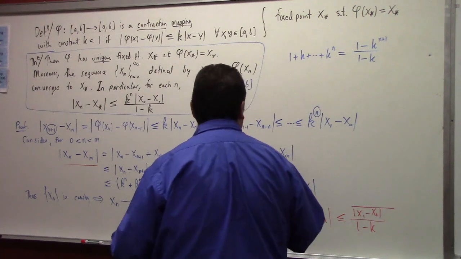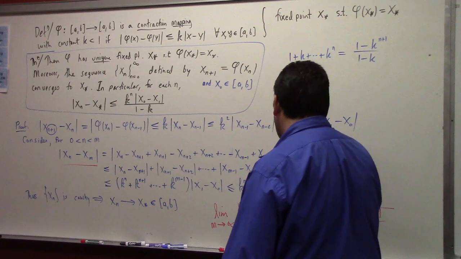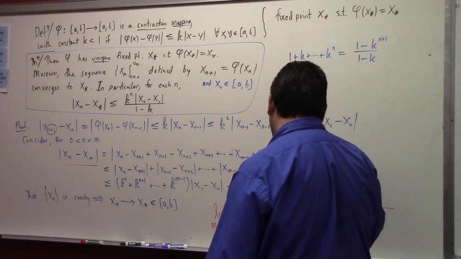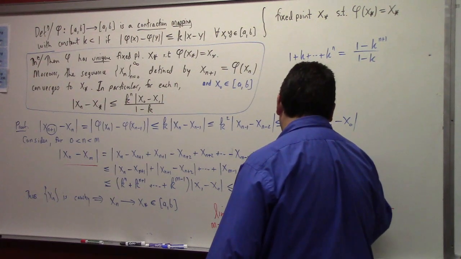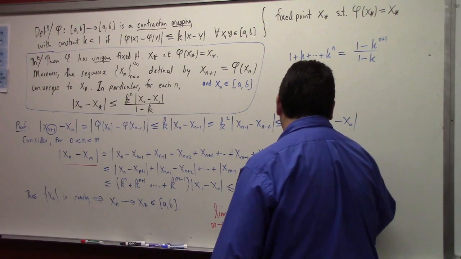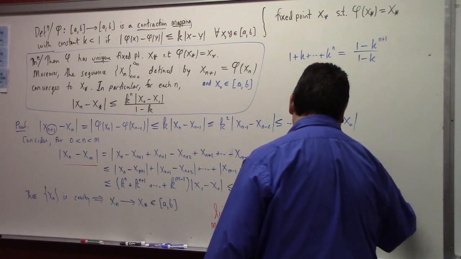And that is equal to k to the power n over 1 minus k, times the absolute value of x1 minus x naught. Okay, there we go.